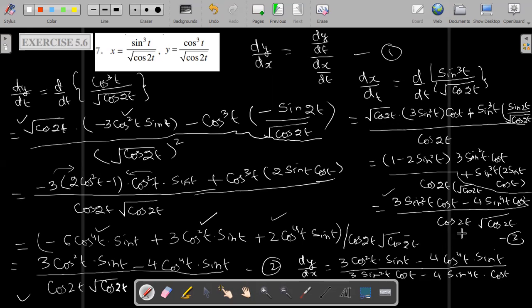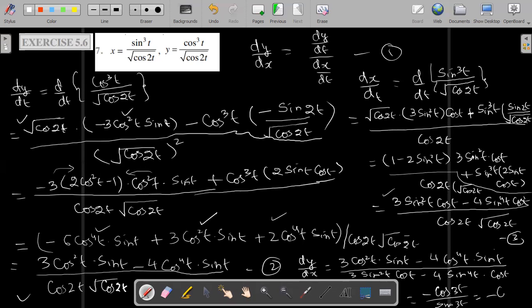You have to take out common terms, and after taking the common terms, you will get the formula for cos 3t in the numerator, minus cos 3t, and in the denominator it will be sin 3t.